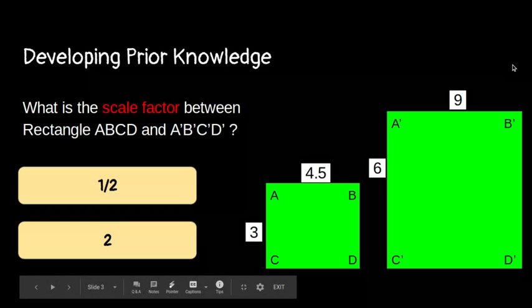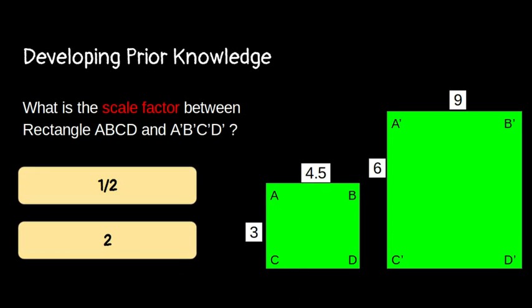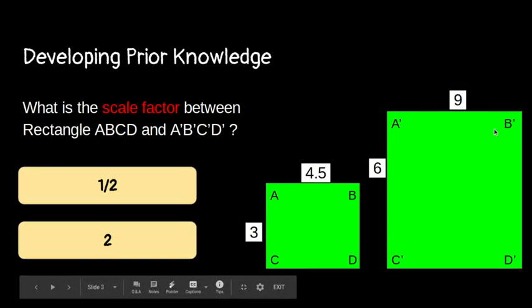So first we're going to try to develop some of that prior knowledge of what we've talked about the past couple days. So remember that we are trying to find the scale factor between rectangle ABCD here and A prime, B prime, C prime, D prime here. And our first question is, how do we find a scale factor?